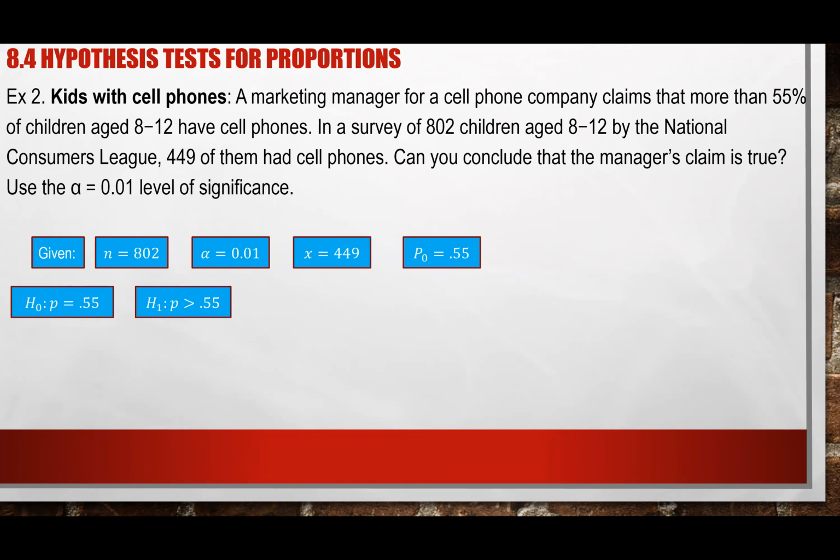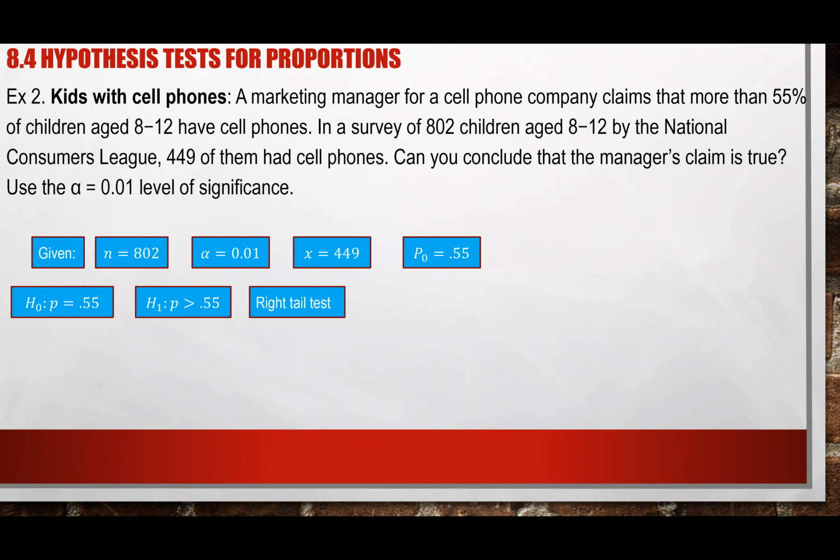He wants to test that the proportion is bigger than 0.55, which is P is greater than 0.55. And if it's greater than, we know that this is a right tail test, right?